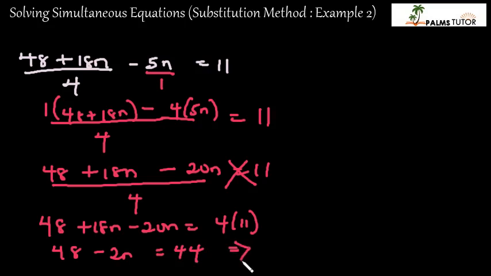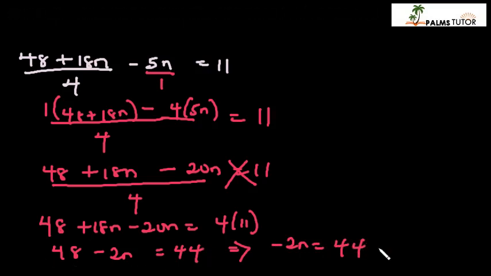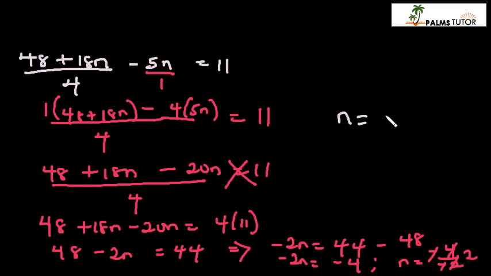Now we have minus 2n equals 44. This 48 crosses the equality sign and becomes negative 48. So minus 2n equals minus 4. And our n will be equals to minus 4 all over minus 2. This cancels this. 2 can go in 4 in 2 places. So our n equals 2.